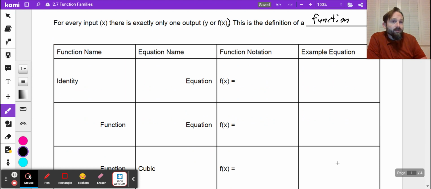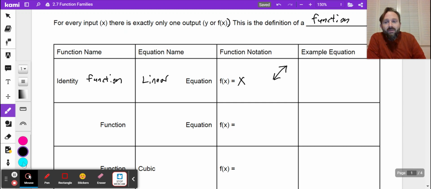First, we have the identity function. This is one of the first equations we learn. This is a linear equation. It's going to look like a line. The parent function to this looks like this, and all the offspring of this parent function derive from this x to the first power.